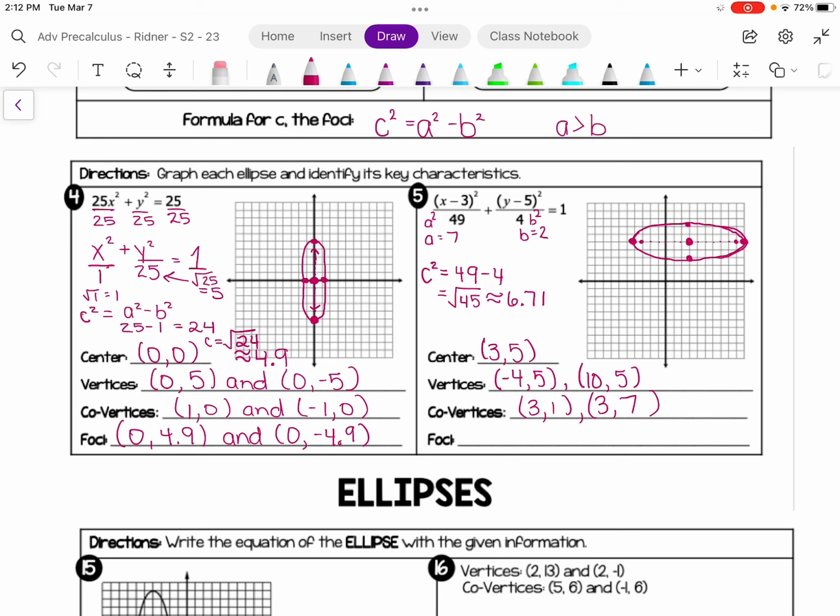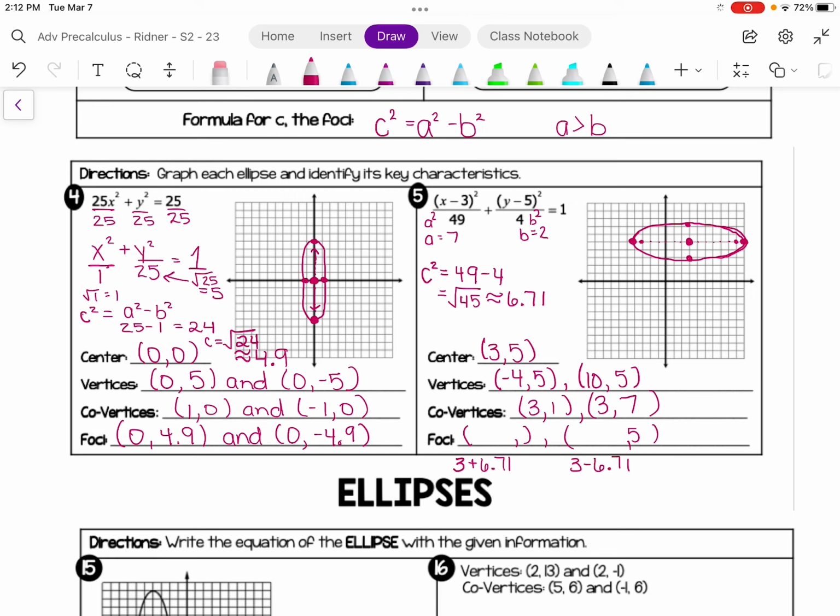So that means that my x value is changing, but my y value is going to stay the same. So I know that my y value is going to be 5. To figure out my x value, I am going to take the x value of my center, so in this case 3, and I'm going to add 6.71 to that, and I'm also going to subtract 6.71.